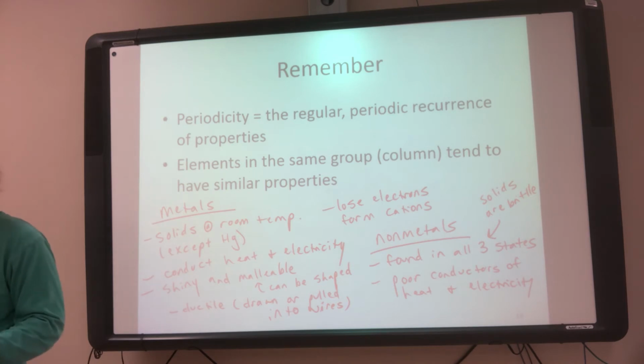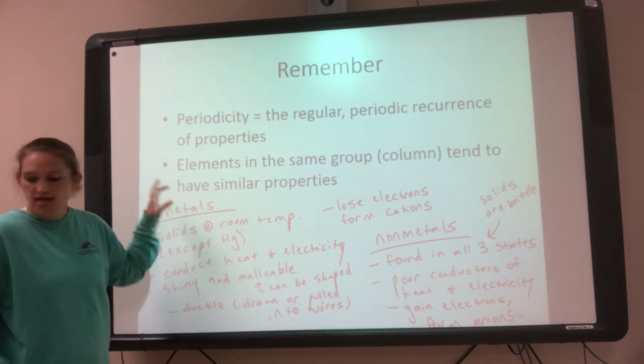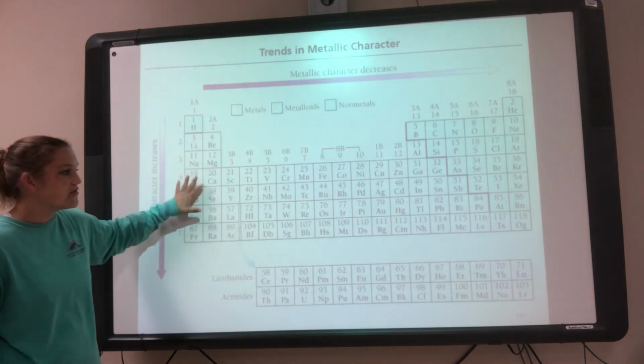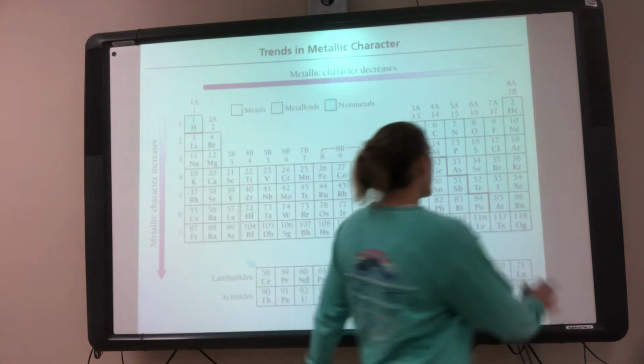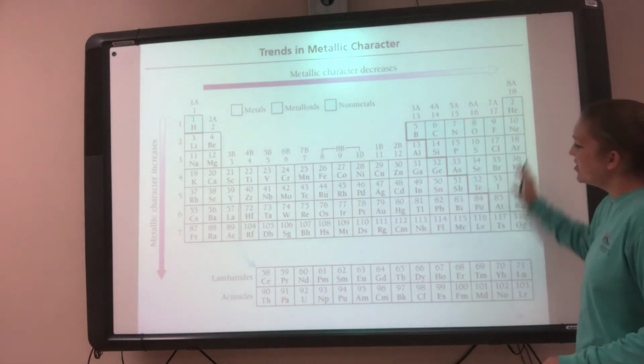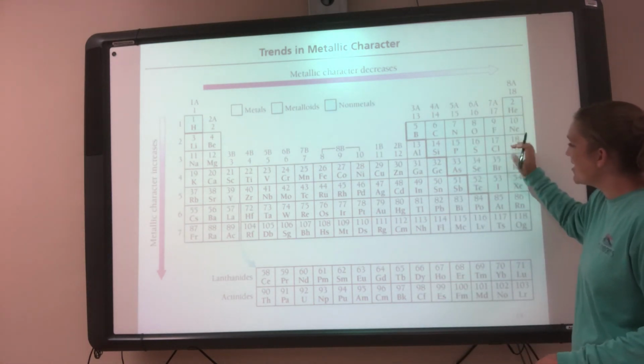And then nonmetals like to gain electrons, which means they're going to form anions. So the left side of the periodic table, where my metals are, is going to be positive. This side of the periodic table is going to have a negative charge because they're going to be anions.